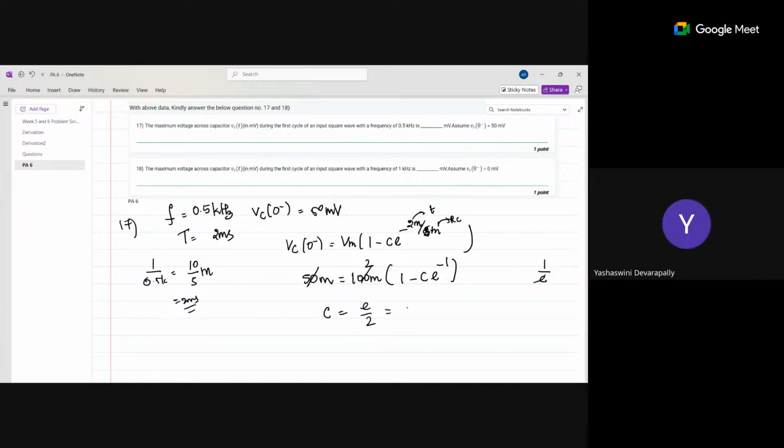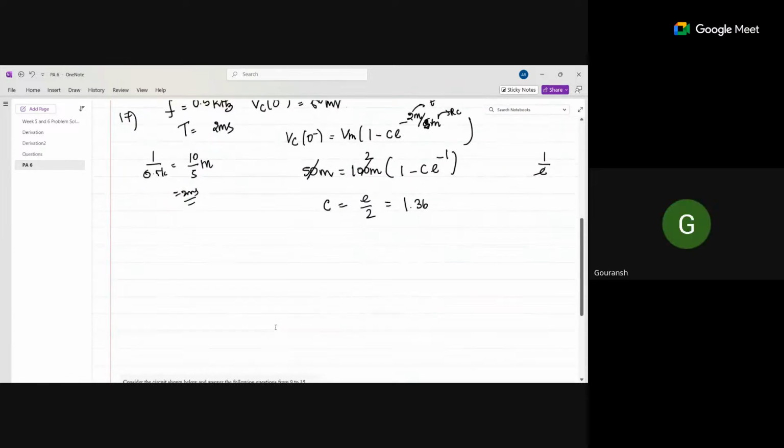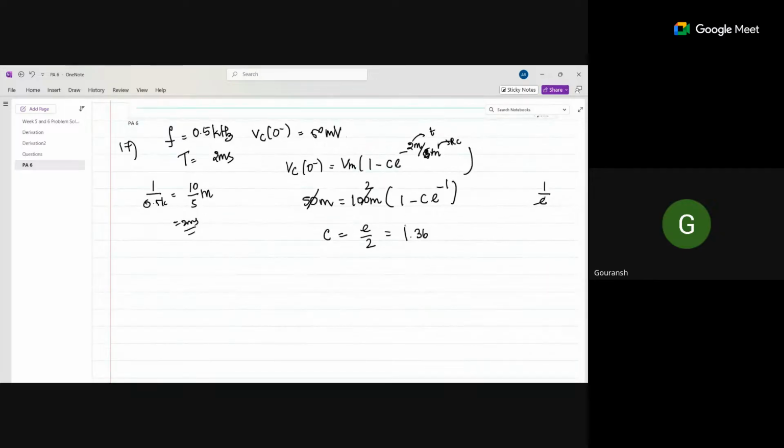So the value of E is 2.71, and then 1.36. Won't it be like 3.162? What did you get? 3.162. The E is the anti-log, no? Wait, I will solve it. 1 minus C e to the power of minus 1. I am getting 0.693.